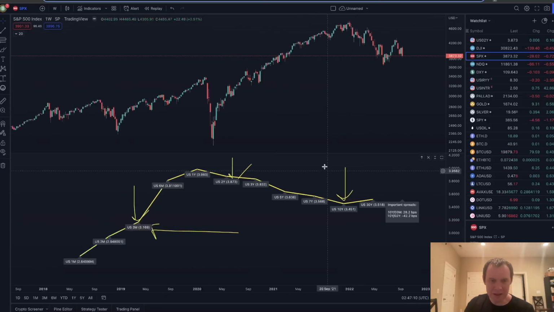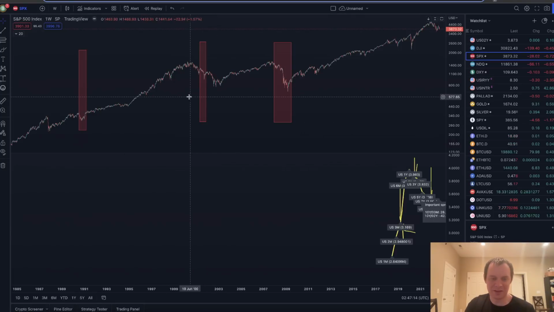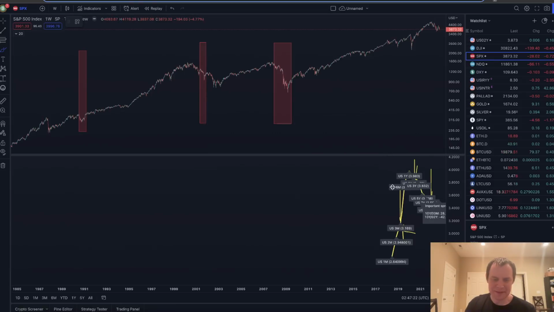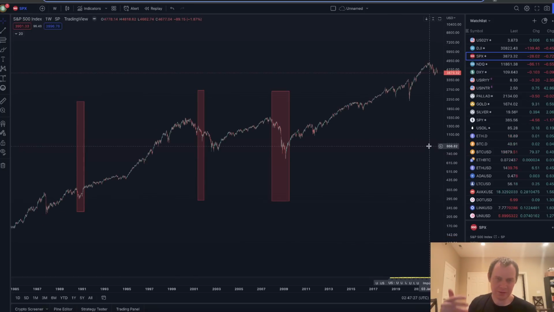If you go look at the S&P during the last few recessions, one of the things you'll notice, not always, but I'm not showing all of them on here, is that the market usually bottoms part of the way through the recession. Not always, okay?